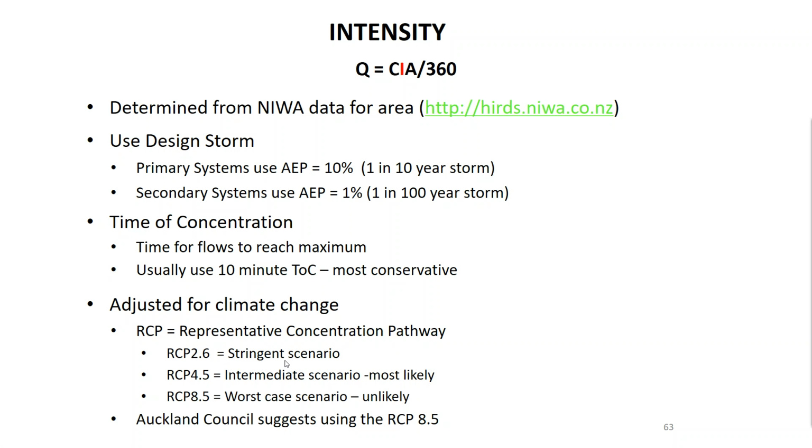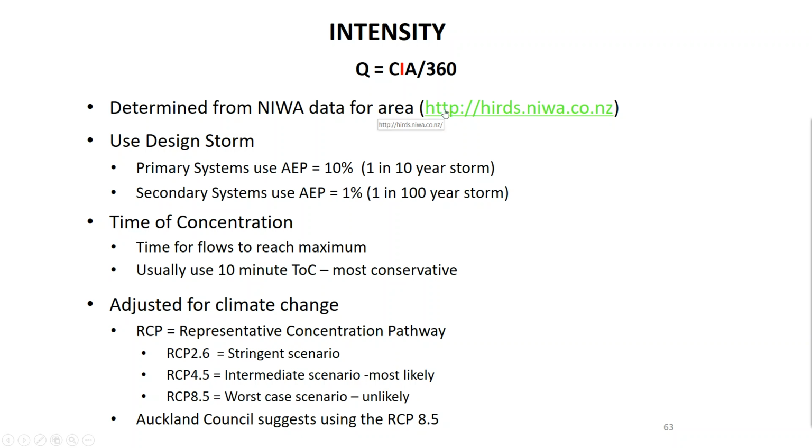We get carbon dioxide levels down. RCP 8.5 is a bad scenario. We don't really do all that well with carbon dioxide removal or reducing it, and we end up with a 3 to 4 degree temperature rise by the year 2100. So the Auckland Council used to suggest using RCP 4.5, but now they're suggesting RCP 8.5.